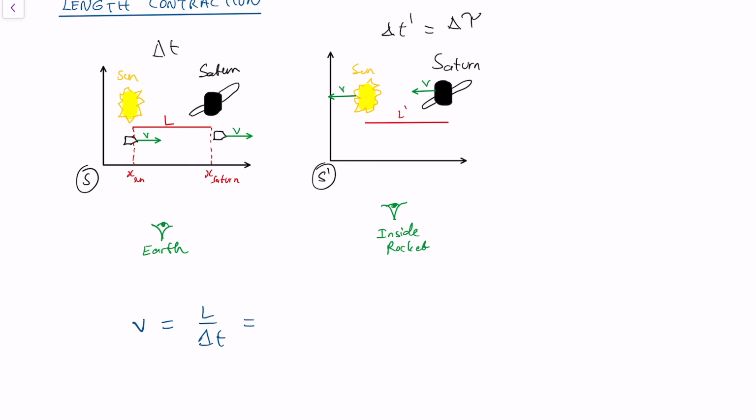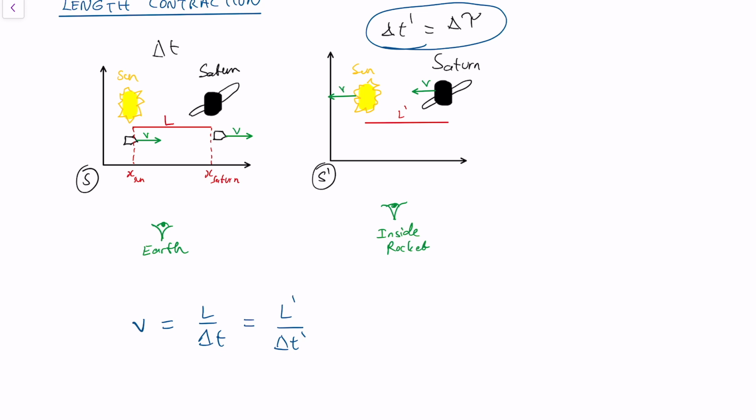In other words, this must equal L dashed over delta t dashed, right? Now, one thing we need to remember is that the time here, delta t dashed, is a proper time. Why is it a proper time? Because both events occur at the same position in frame S dashed, and it can be measured by one clock only. So that's the proper time.